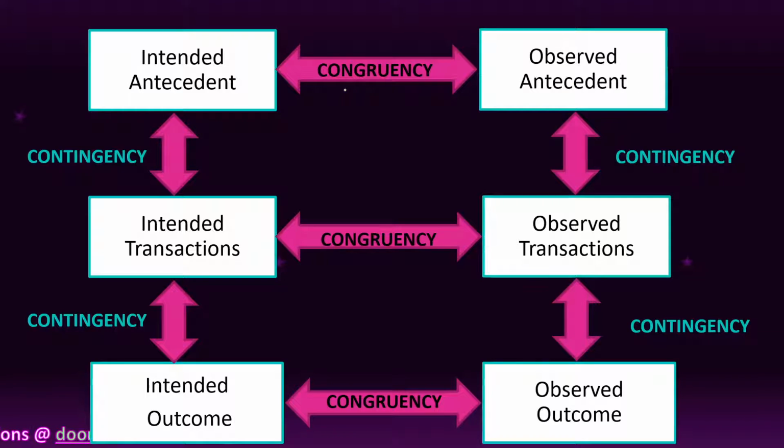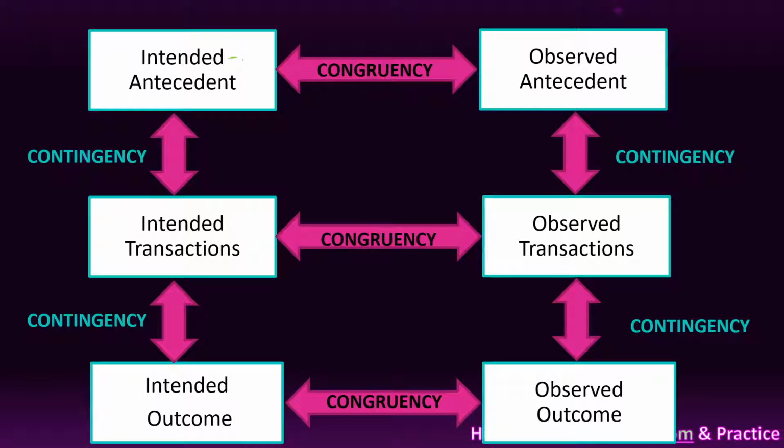So there is congruency between the intended and observed antecedents. Congruency here means similarity. We see the similarity between intended antecedents and observed antecedents, whether they are similar or not, whether your intended antecedents are achieved or not.